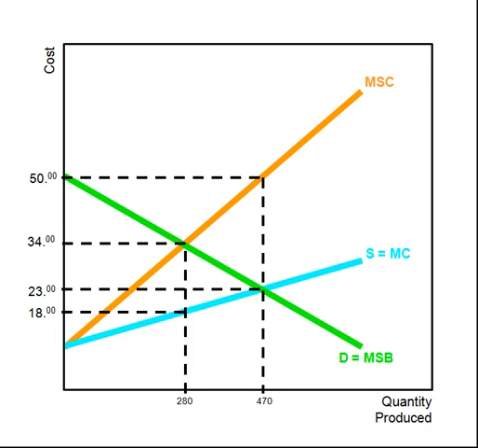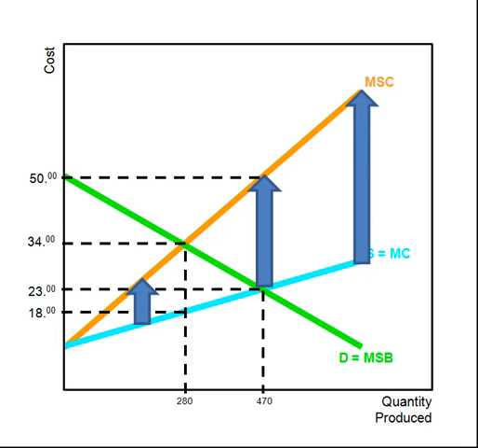Here's Parkin and Bade's depiction of a negative externality, intersecting at the y-axis, diverging as it moves out along the x-axis. So effectively it's saying as you produce more of the good or the service that's generating the negative externality, then more of the negative externality will be produced.